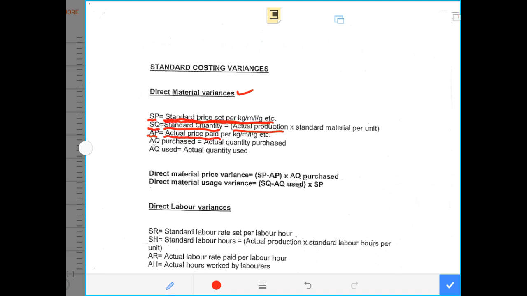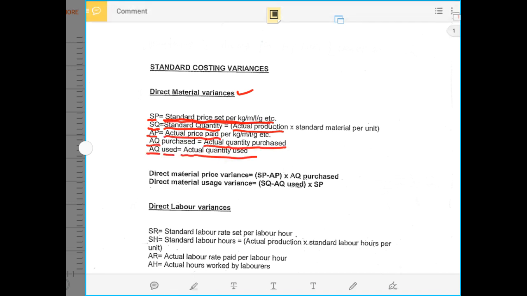Then we have AQ, which is the actual quantity purchased. Therefore, AQ is the material that we actually buy, and that will be represented by AQ purchased. Then AQ used will be the actual quantity used.